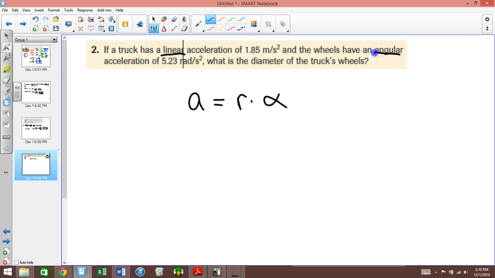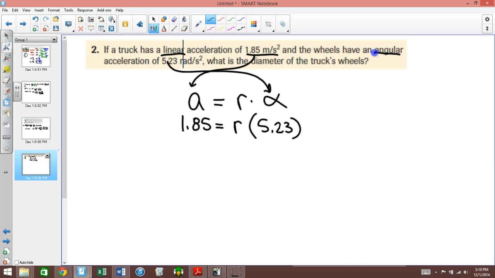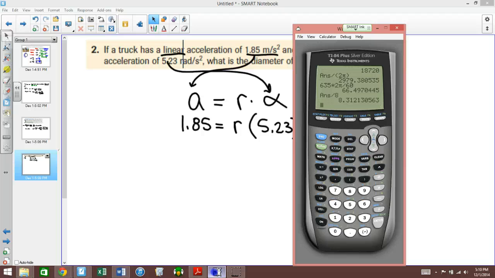And it's pretty simple. This goes here, 1.85. The radius, angular acceleration goes there, 5.23. And it's got to be in radians per second squared. So I take 1.85 divided by 5.23, and I've got 0.354.